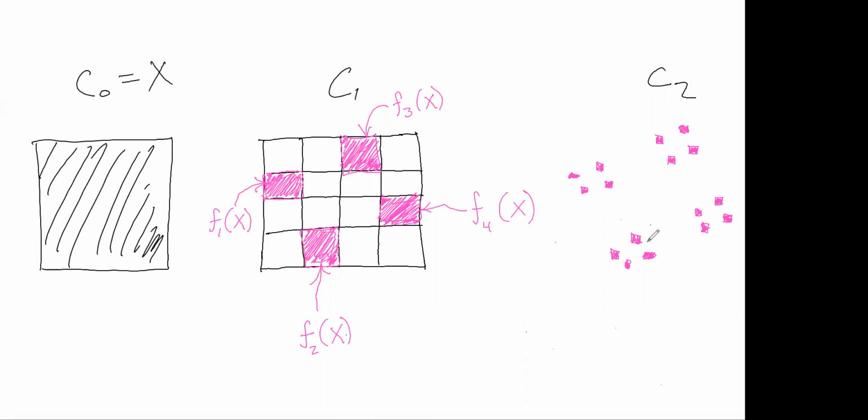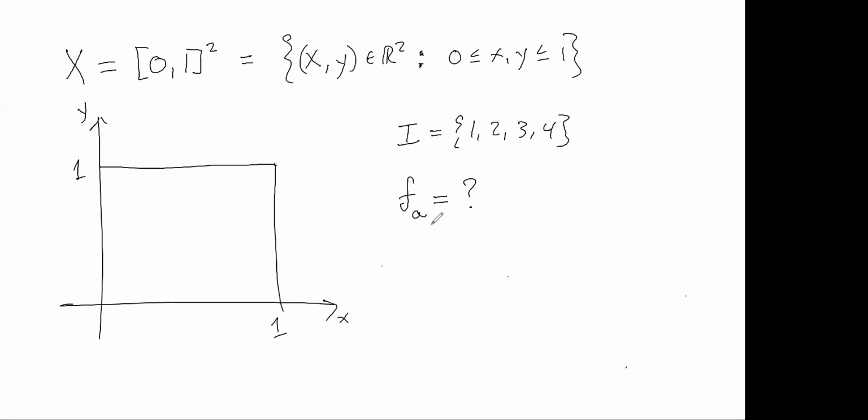Okay, so maybe a question for you to think about is, what are the 4 maps that generate this image? F1, F2, F3, F4. So this is called coding.